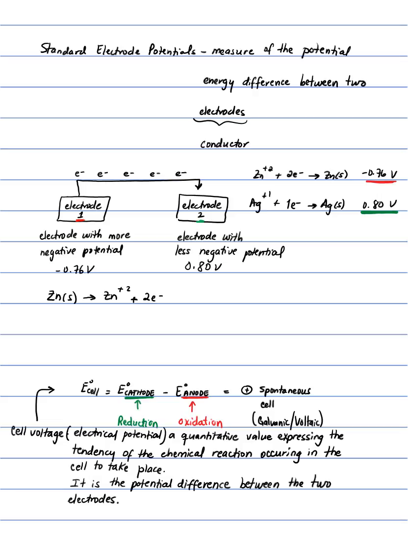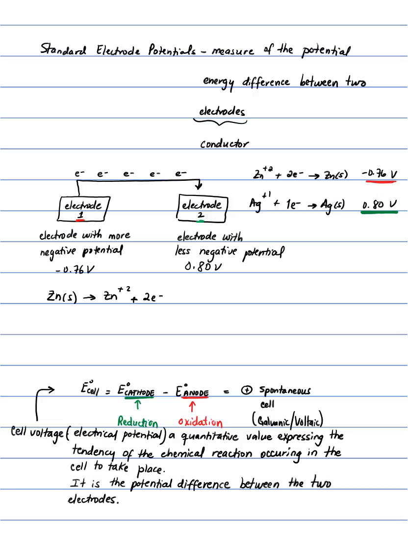So the oxidation half reaction is the same as your reduction reaction but flipped in the opposite direction. Your zinc solid is being oxidized to zinc plus 2 plus 2 electrons. Those electrons are the ones that are moving from where you have your electrode with more negative potential, electrode 1 in this case, towards electrode 2, where the reduction is happening.